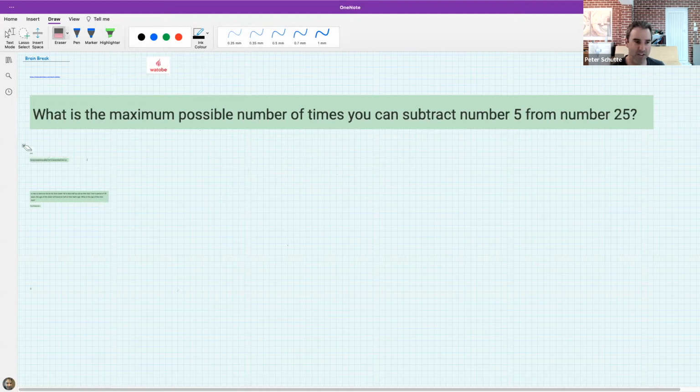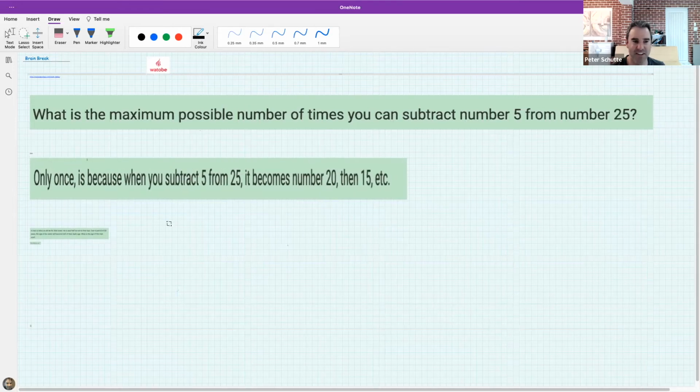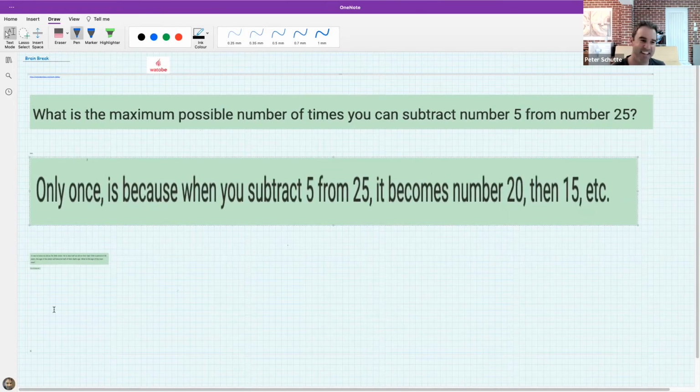The answer to this question is the following. It is 1. Because the moment you take away 5 from 25, it's 20. And so it's the way the question is phrased. Okay, so well done. I see lots of you got that right. But if you got caught out, don't worry. I deliberately chose something a little bit sneaky.